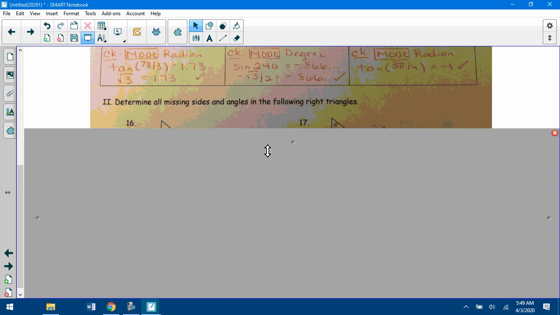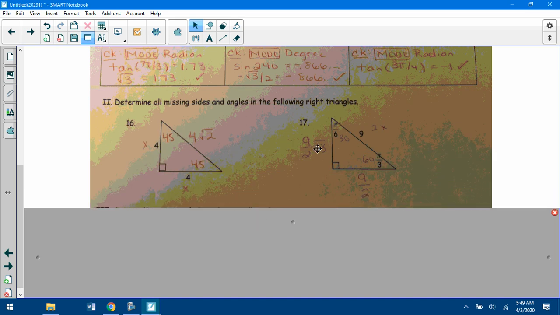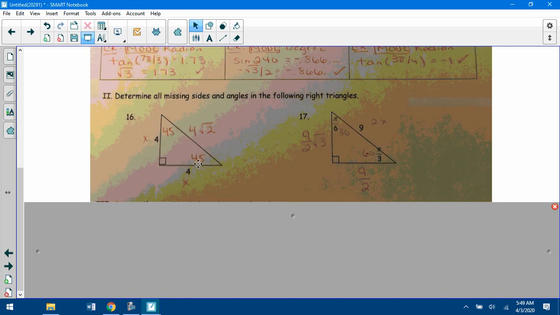And then for the special triangles, if you had 4.5 radical 3 and 4.5, that's obviously fine too. If you're filling in missing angles also.